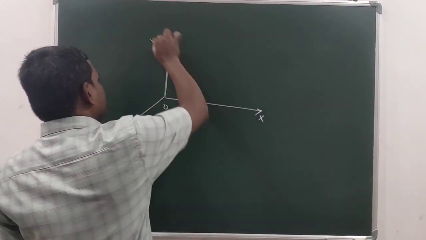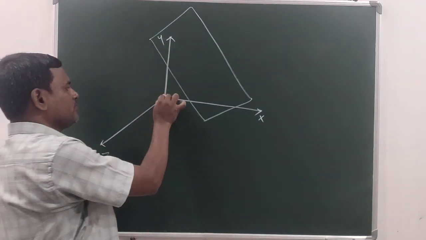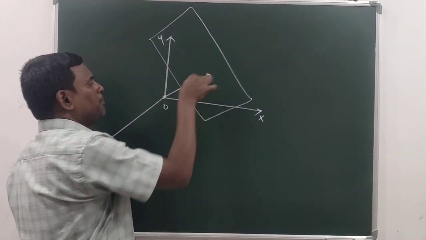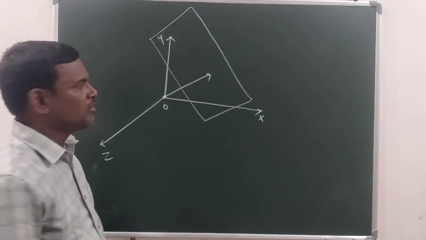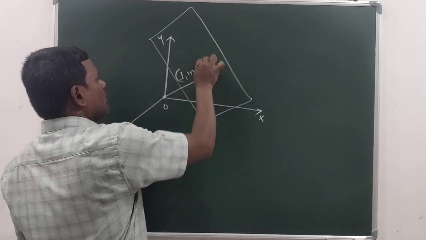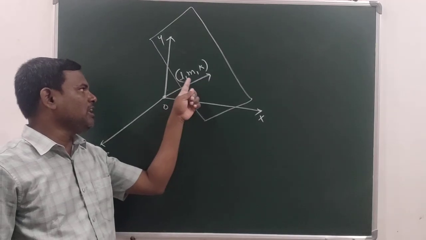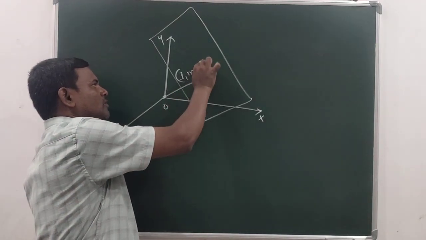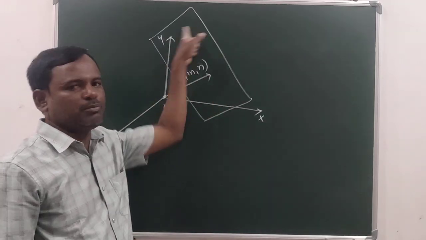Now this plane which is moving P units away from the origin, and whose DCs will be given. What are L, M, N? L, M, N are the DCs of the normal to this plane.